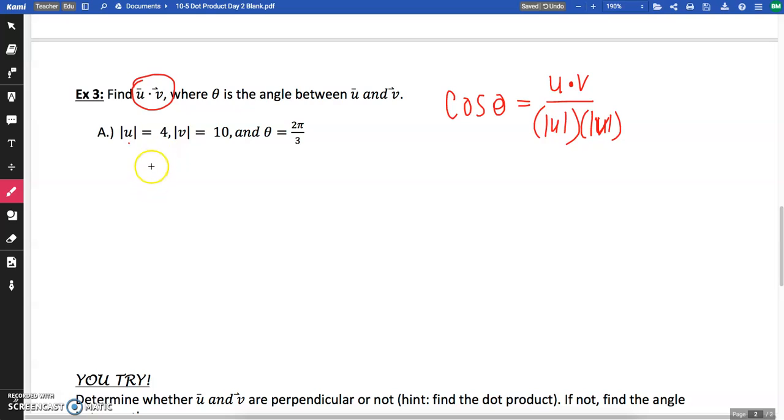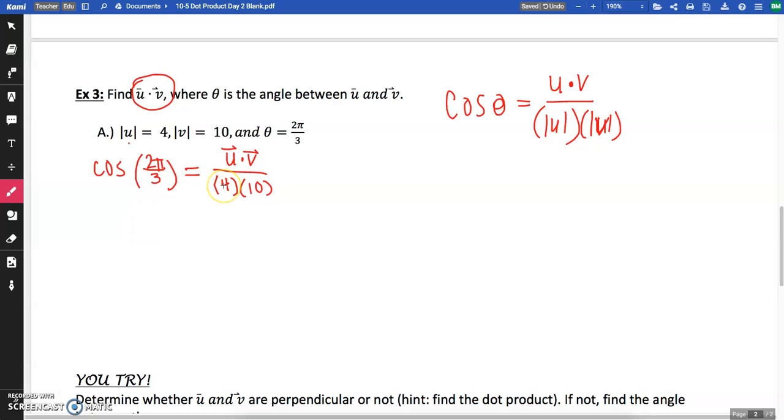So just like any other algebra problem, let's just plug in what we know. So we know the angle, so we can say cosine of 2 pi over 3 equals, we don't know U dot V. We do know the magnitudes, so magnitude of U is 4 times 10.